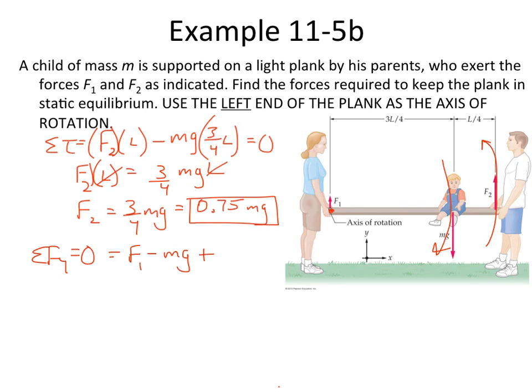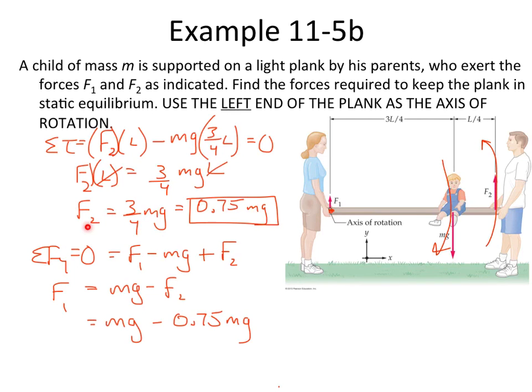That's what I meant to do before in the previous problem, but messed it up. Okay, so solving for force 1 is going to be, let's see, we're going to add over that mg and then subtract over the F2, right? Mg minus force 2. Well, it's going to be mg minus 0.75 mg. That's what we got from right up here, right? That is what force 2 is.